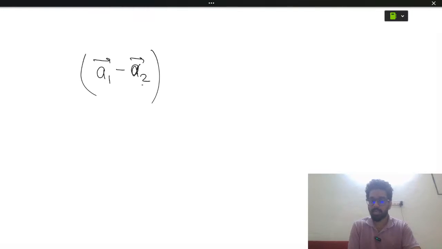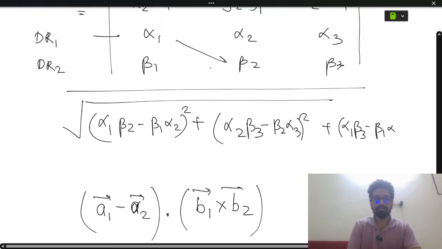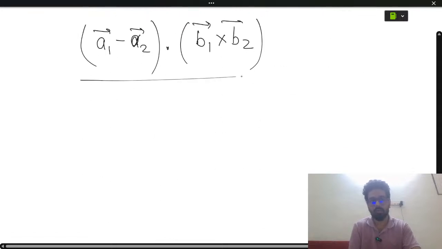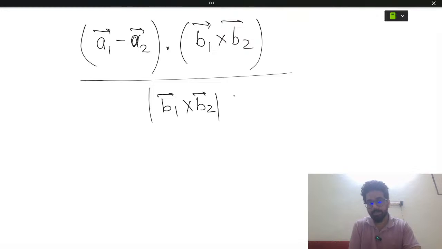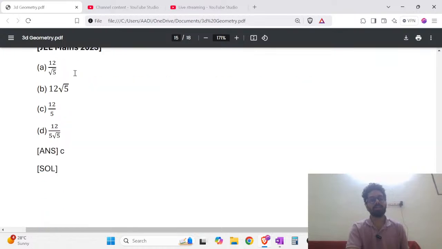Same, a2 is x2 i cap plus y2 j cap plus z2 k cap, dot b1 cross b2 vector. What is b1 vector? This is what we are calling b1 vector, and this is what we are calling b2 vector. So, if you are comfortable with this, you can go for it. That's all. Done. This is how we can solve each and every question.